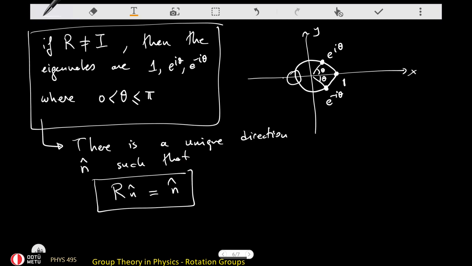From the geometric point of view, we can interpret this as saying that there is a vector where this rotation does not change it. Because of that, we just call n the rotation axis.